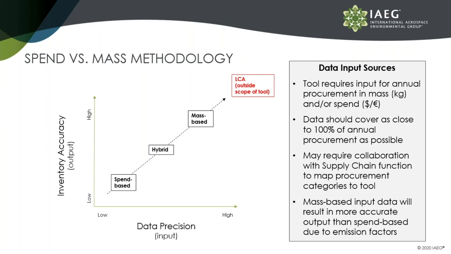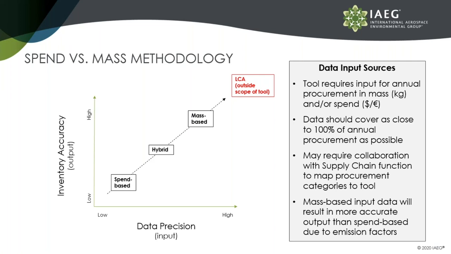And one thing that we did, in recognition that this is maybe a continuum as companies decide what to do about moving forward with calculating these levels of emissions, is that the tool provides a hybrid approach. So you can put in spend-based information in some cases and mass-based information in others, to have a hybrid view of those two categories of Scope 3 emissions: purchased goods and services and capital goods.